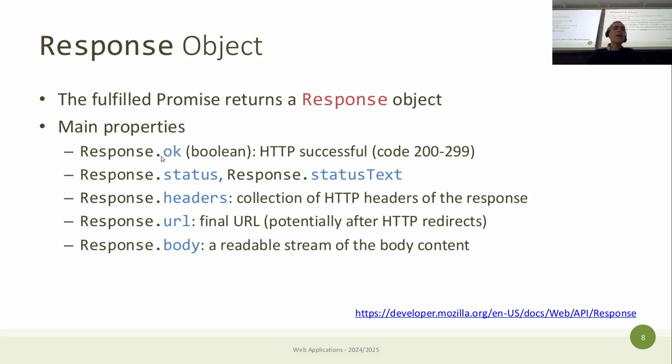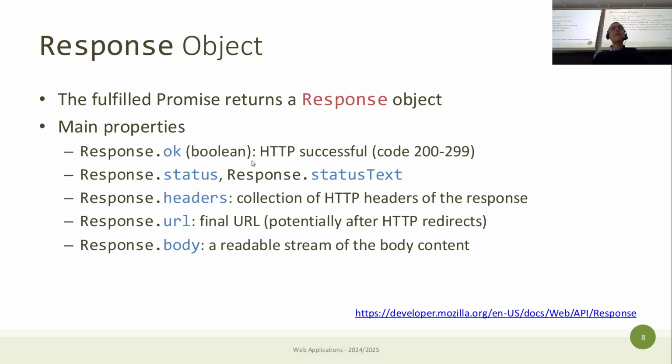So there's a property, res.status, which tells you the status code of the response. You remember that the web server answers with a status code: 200, everything is okay; 404, not found; 500, internal server error, and so on.